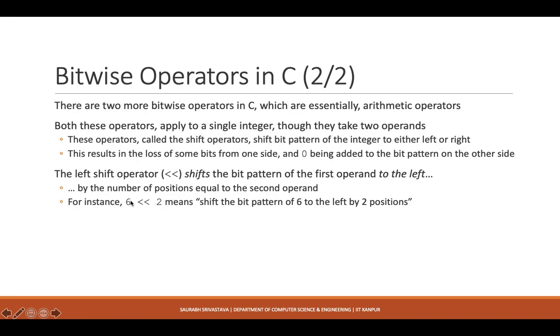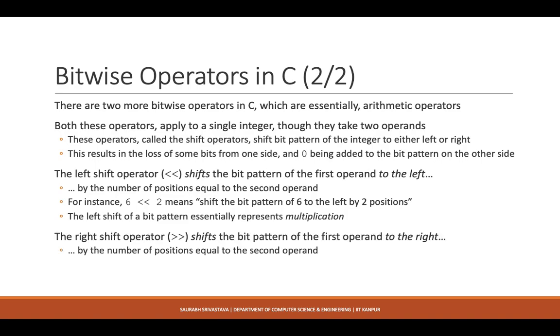Even though these are two different operands, the actual operation is just happening on this particular integer. The left shifting of any bit pattern is equivalent to multiplication. Whenever you shift something to the left, it is essentially a kind of multiplication.